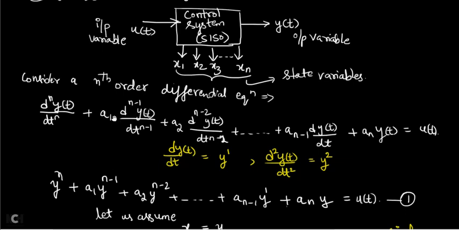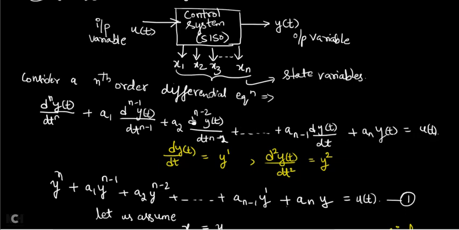So consider this nth order equation: d power n divided by dt power n of y of t plus a1, where a1 is a constant, d power n minus 1 divided by dt power n minus 1 of y of t plus a2 d power n minus 2 y of t by dt power n minus 2 plus and so on, up to an minus 1 dy of t by dt plus an y of t is equal to u of t.